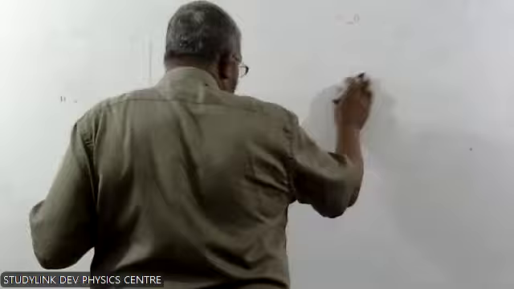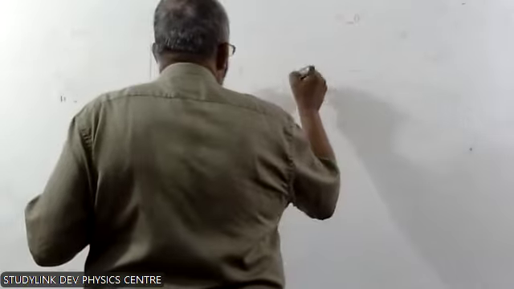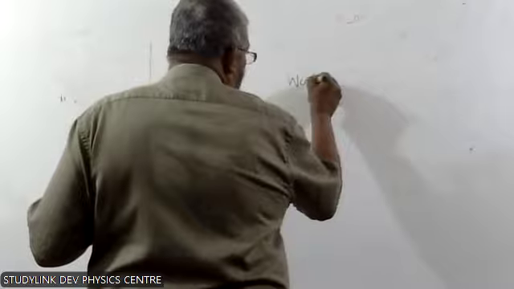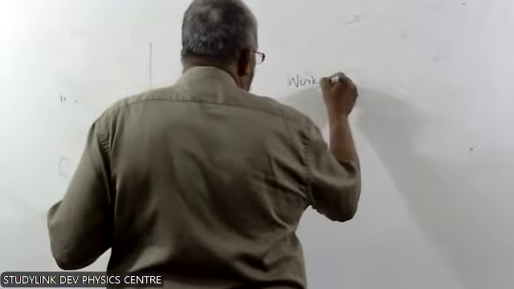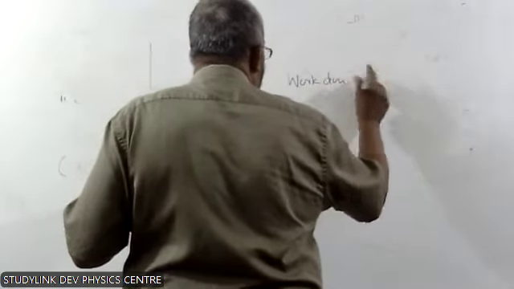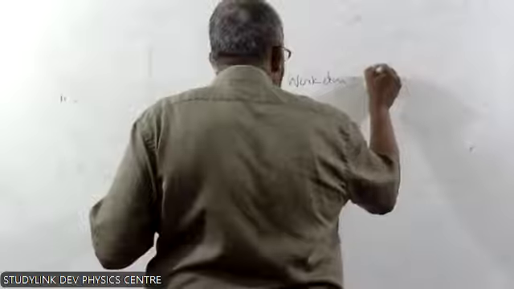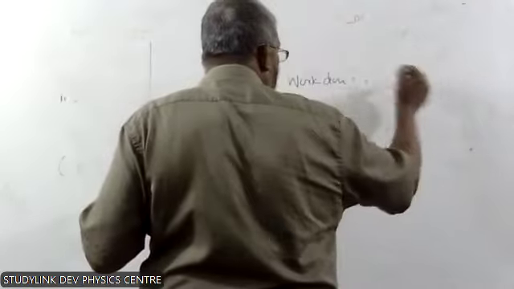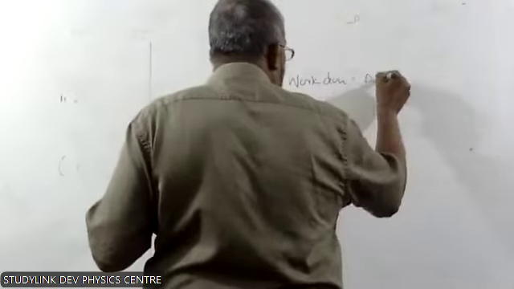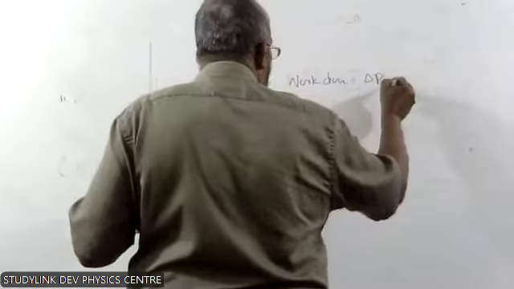Earlier I told you to prove that work done is equal to delta P. F1, F2 we marked and found it. Delta P is the resultant force.